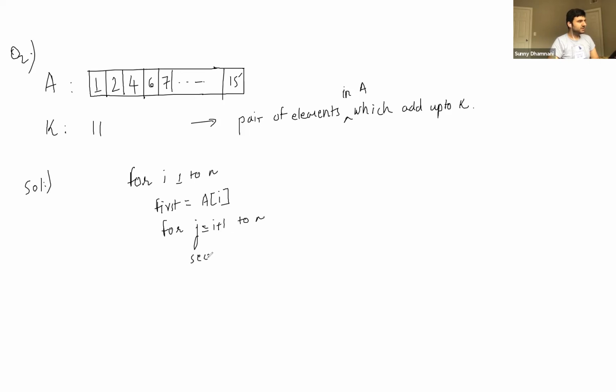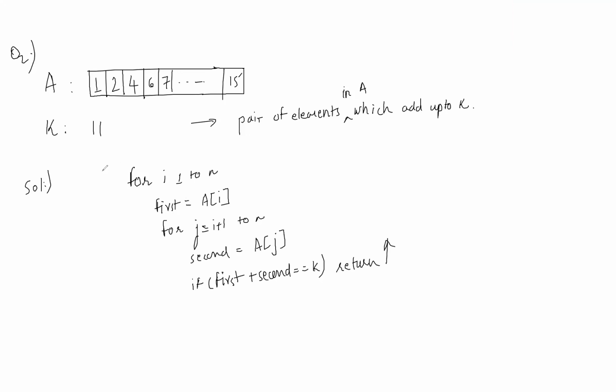My second element will be a of j, and then I'll check if first plus second is k, right? And then I'll return from here. Okay, this is what you were trying to say, right? Yes, sir.